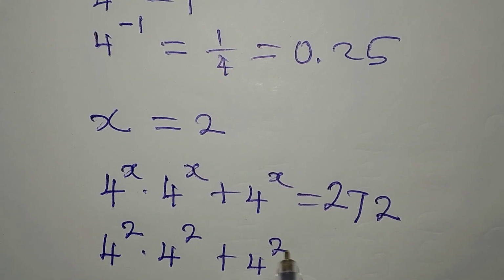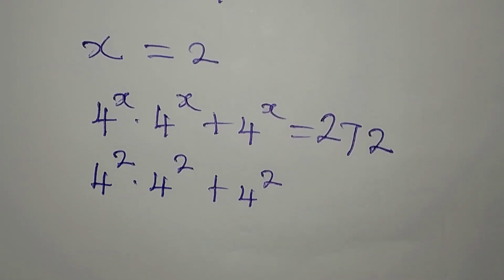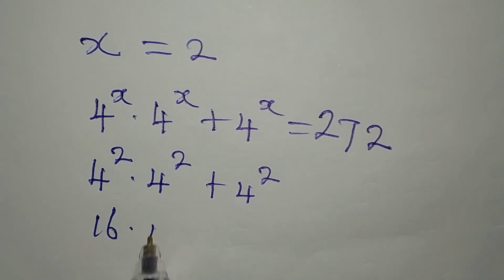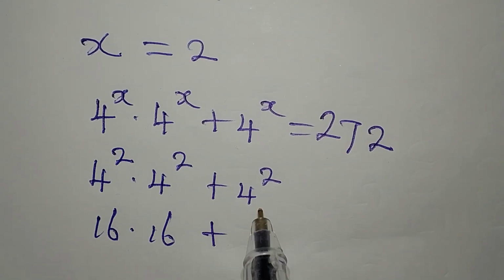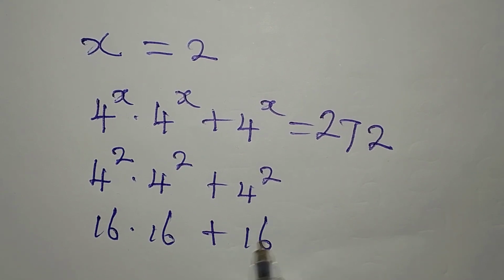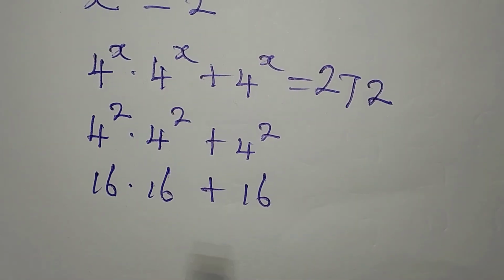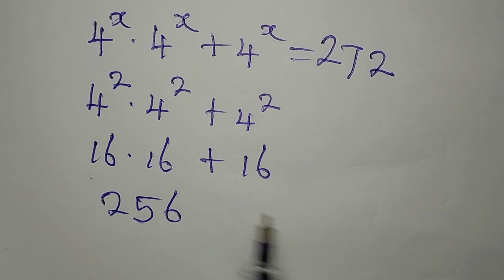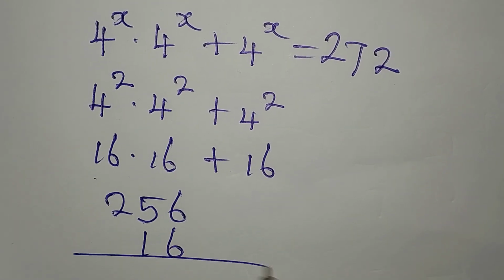Will this give us 272? Let's verify. 4 squared is 16 multiplied by 16, then plus this is also 16. Now 16 multiplied by 16 will give us 256. Now let's add 16 to that and see what we're going to have.